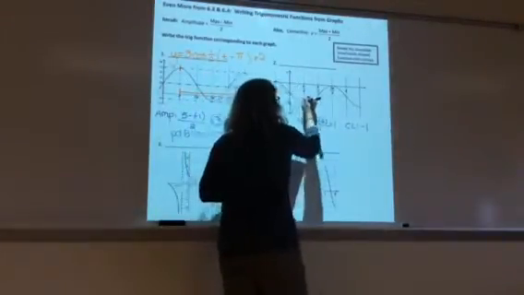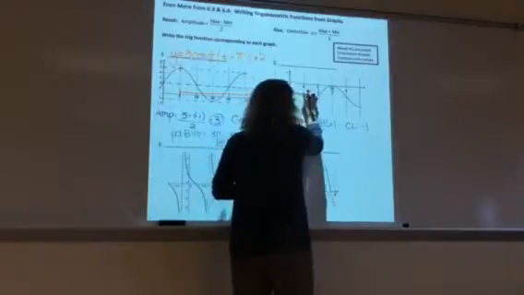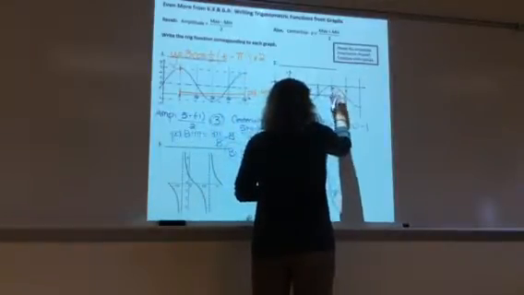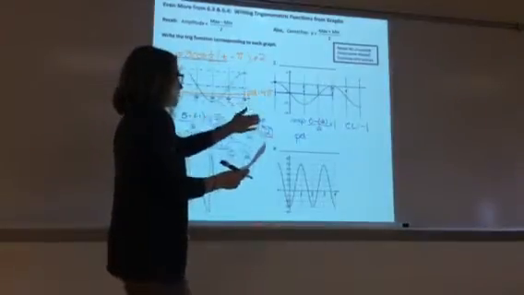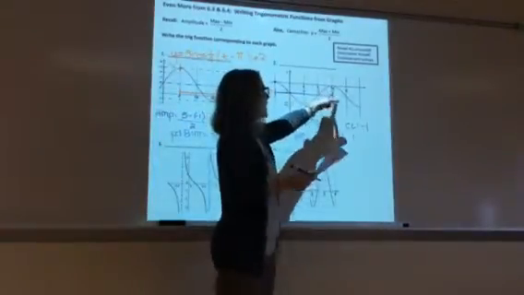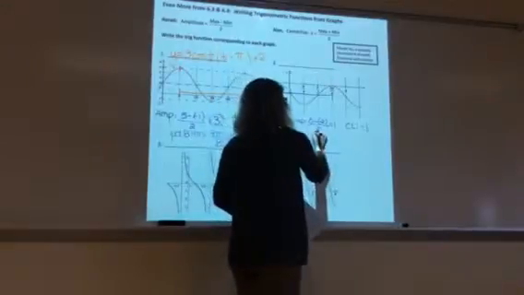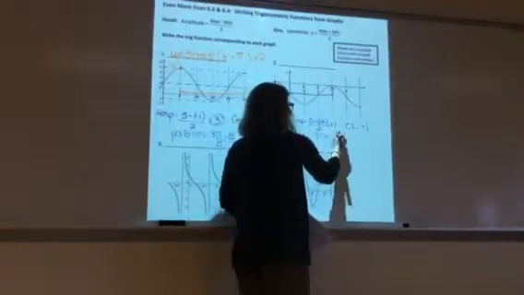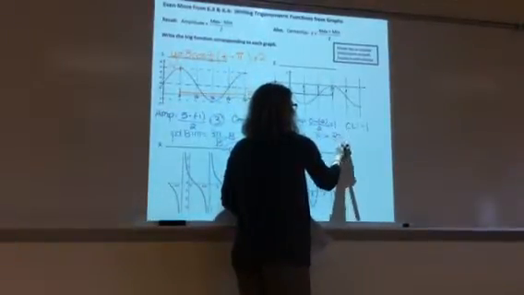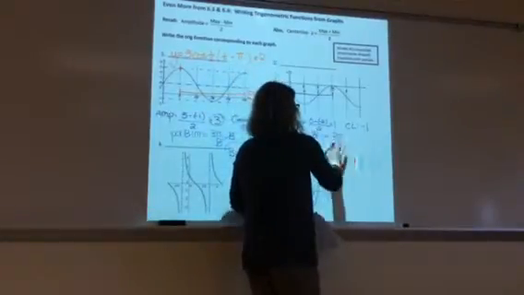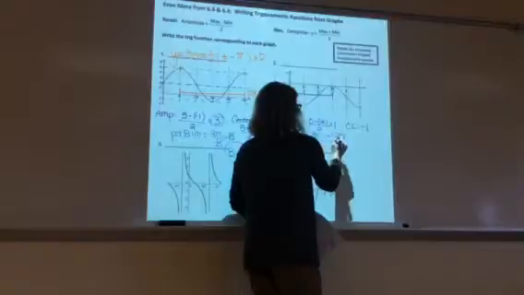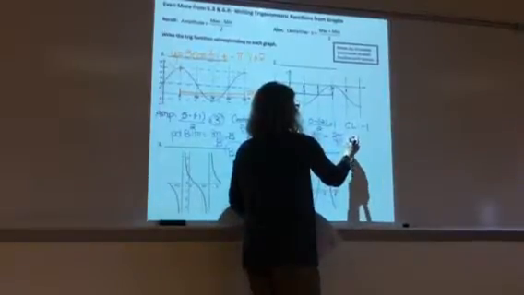Cosine starts up here, and we go all the way to right here. All right, so if I'm counting by pi over 4, how many do I have? Pi, very good. All right, so that's my period, which equals 2 pi over b. Multiply both sides by b, that comes up here. And then we divide by pi. Whoa, wait.